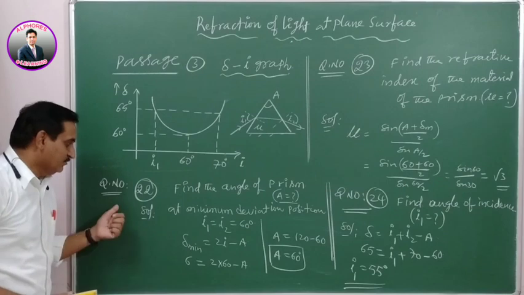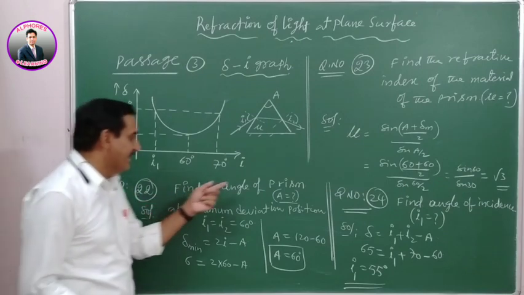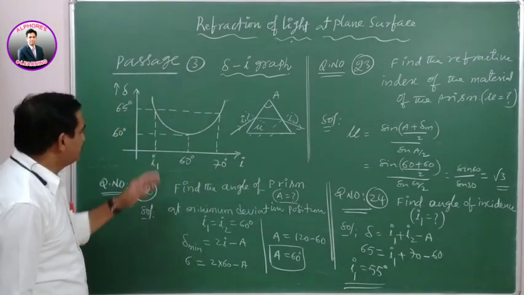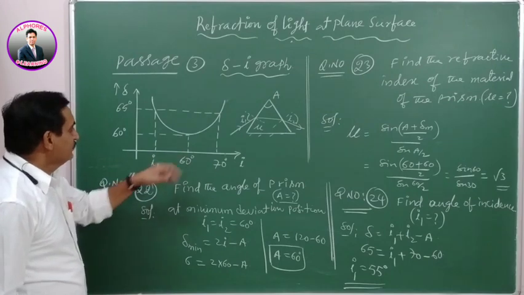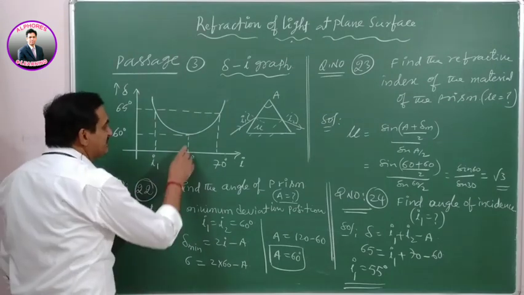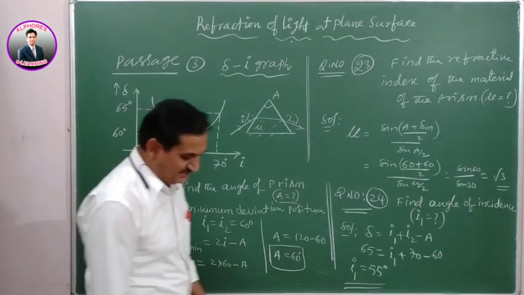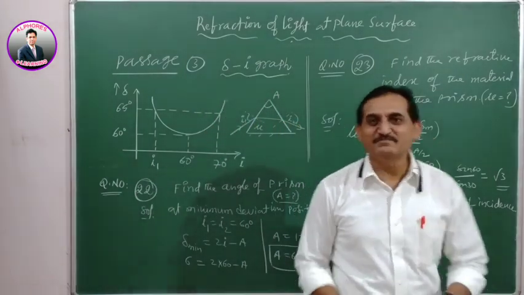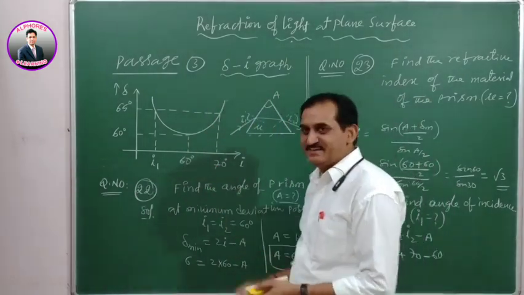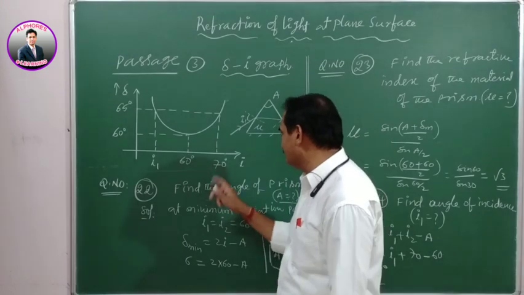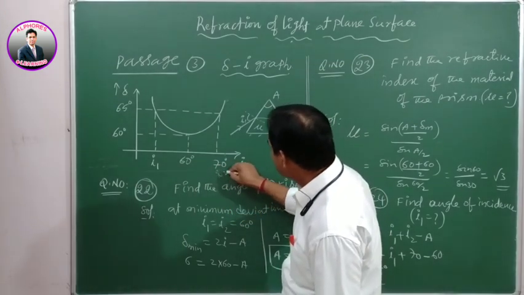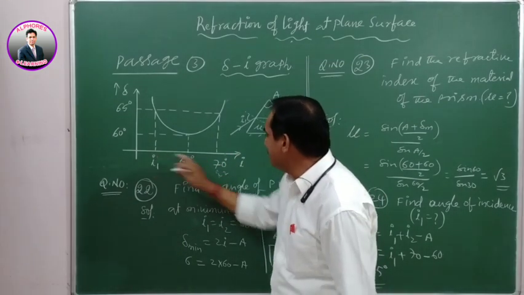Now let us go for the first question, find the angle of prism. Right from this diagram, whenever the prism is at minimum deviation position, where I1 is equal to I2, actually this is I2, 70 is I2, this is I1.